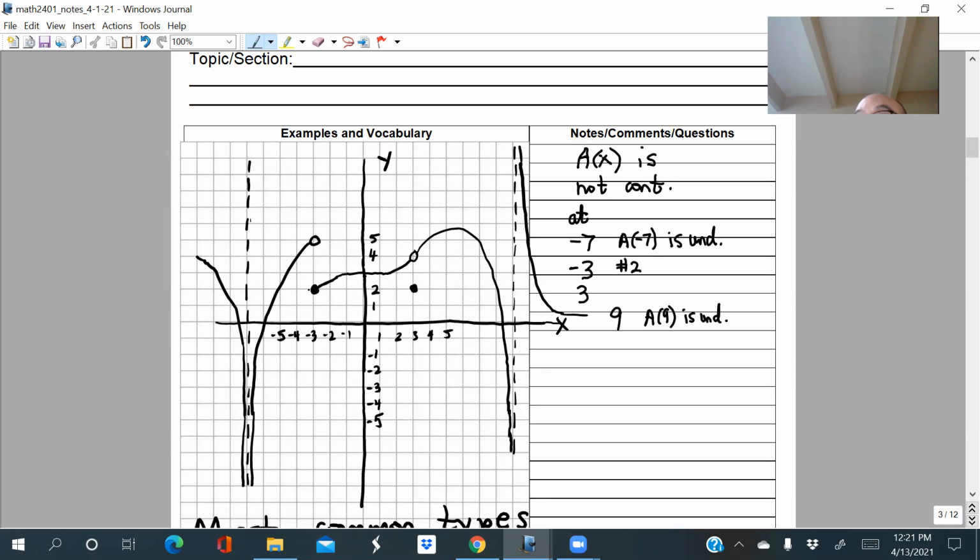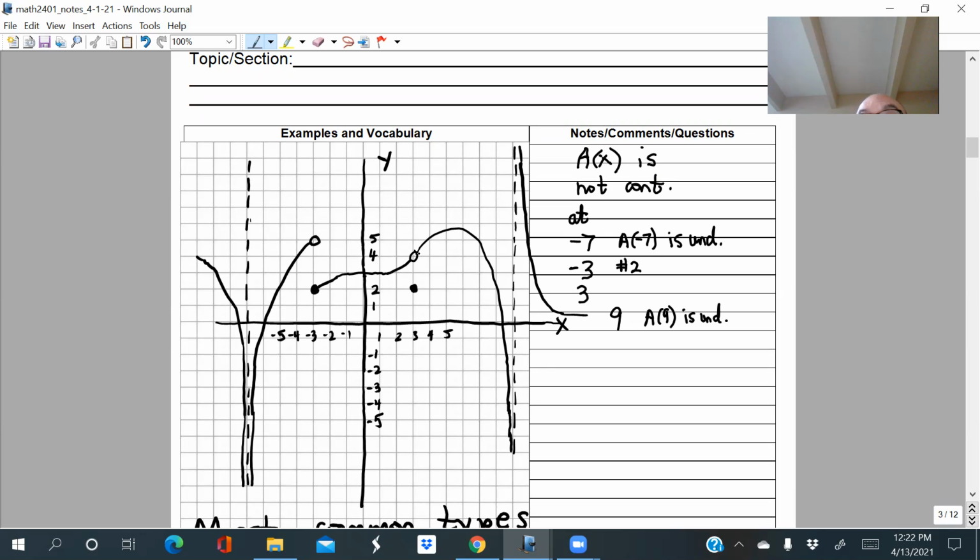So that means there is no limit. So number 2 is violated. You don't have a limit here at x equals -3. When the limit doesn't exist, like in this case, that means you're going to have a break in the graph, just like we have here. You're going to have a break in the graph, and so you're going to have a discontinuity, right?